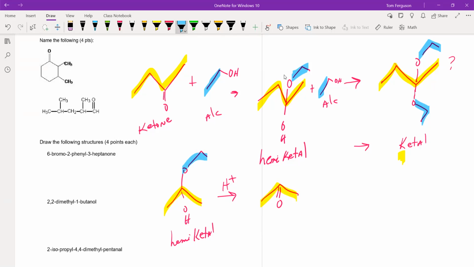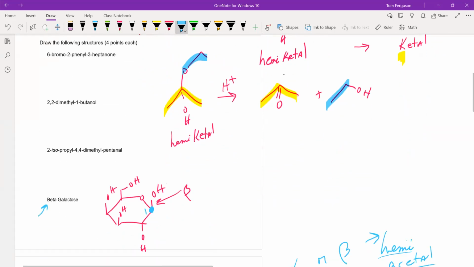Here's the alcohol that was added, 2-carbon alcohol. So it's going to break down to the 2-carbon alcohol. So those are the two types of questions I'd ask: how to make a ketal or hemi-ketal, and then what are the breakdown products? Those are two you're going to see in that test.